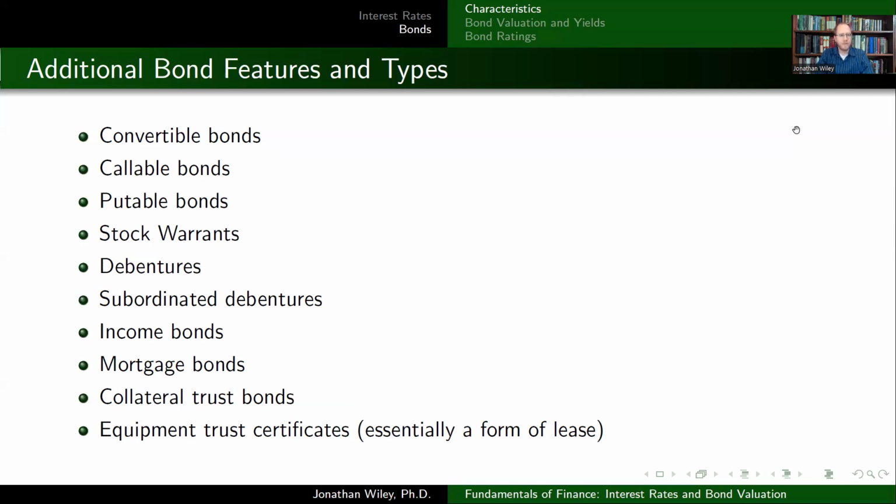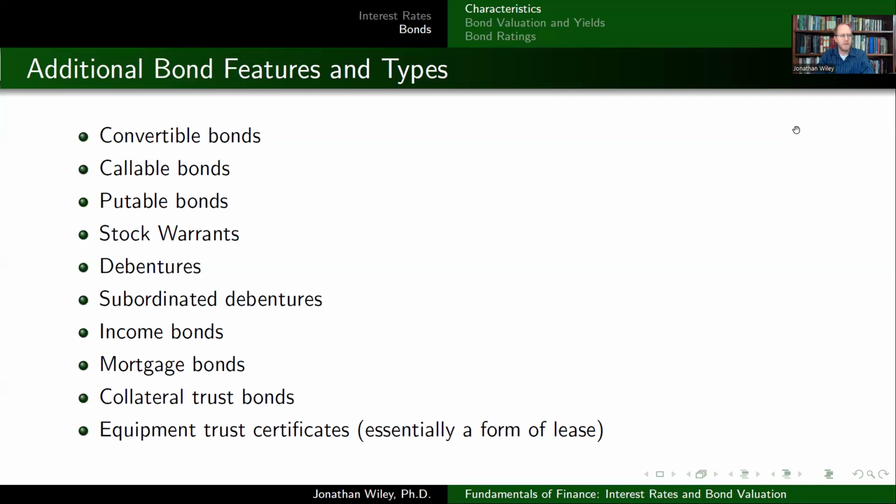You're blurring the line a little bit between stock and bonds, in that whether you get paid depends on whether the company's profitable, which is what happens with stock too.